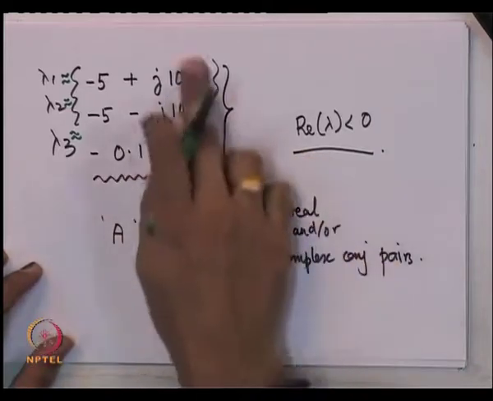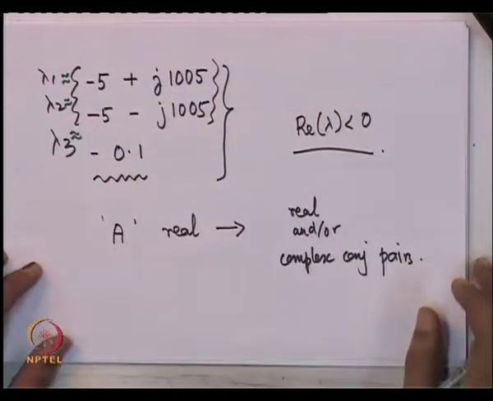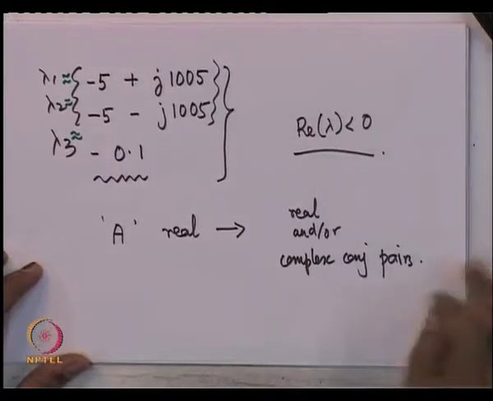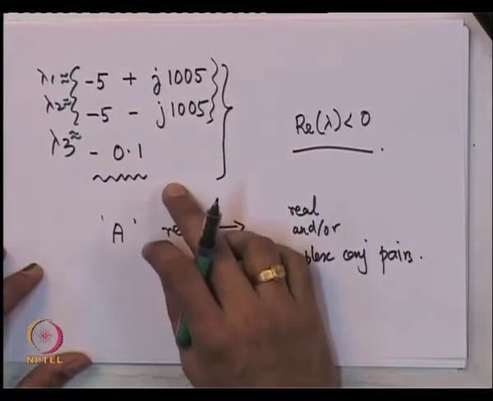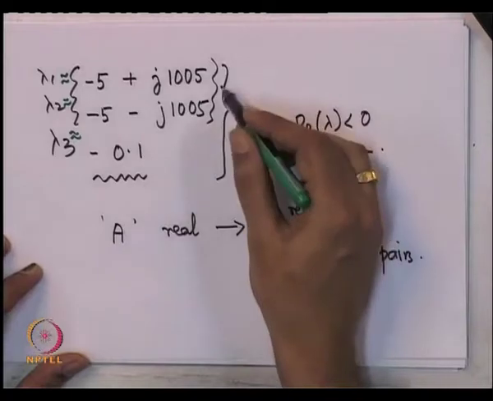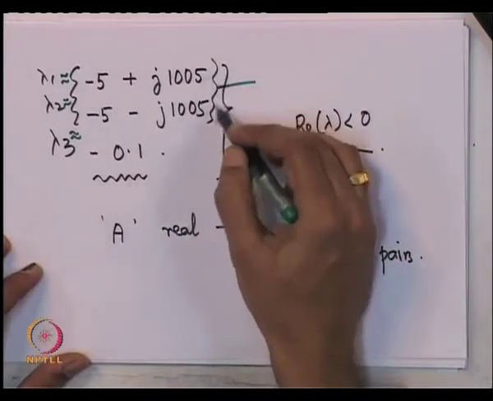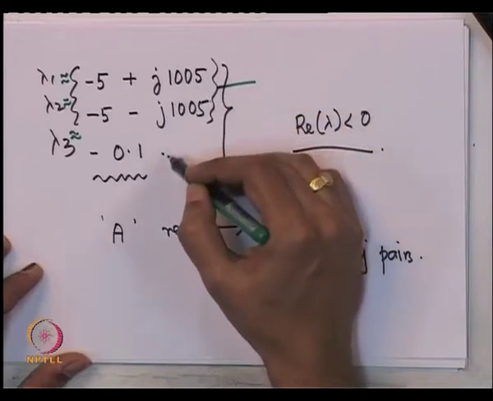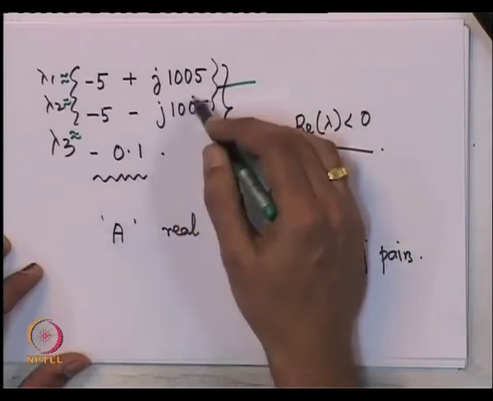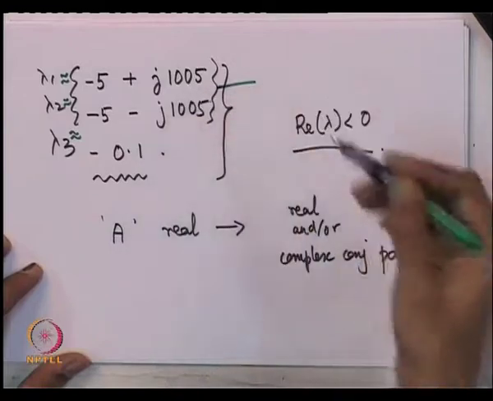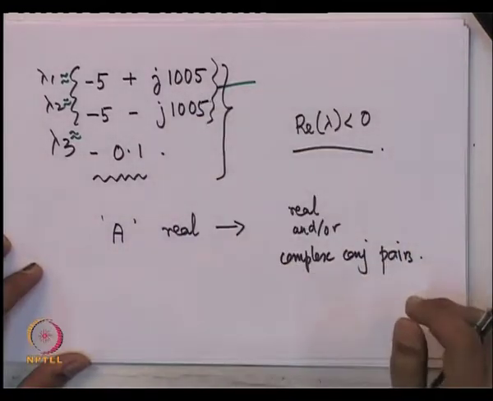So, this is a stable system. Now, these were the eigenvalues, and the most important feature which struck us then was that the magnitude of this pair of eigenvalues and this one is vastly different. This is a very small eigenvalue, this is a very large magnitude eigenvalue.